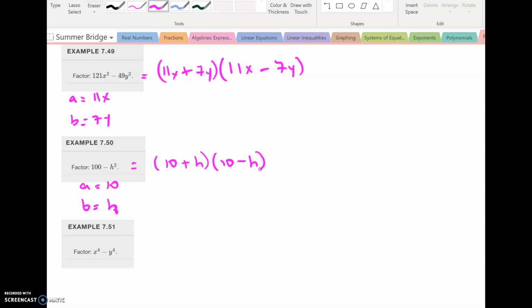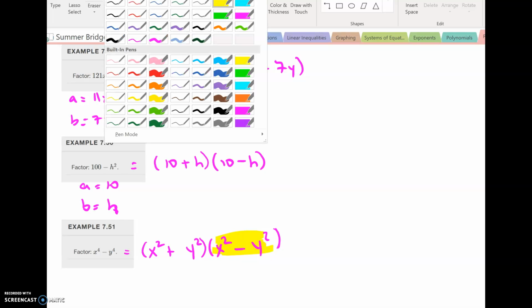All right, last one here. Now these are raised to the 4th power, which means I'm going to have x squared, because that's the square root of x to the 4th, and y squared. x squared, y squared. One's positive, one's negative. Now here's the thing. This second set of parentheses, I have another difference of two squares.